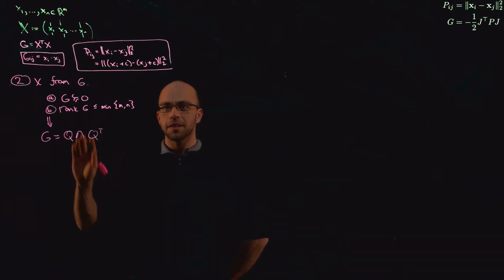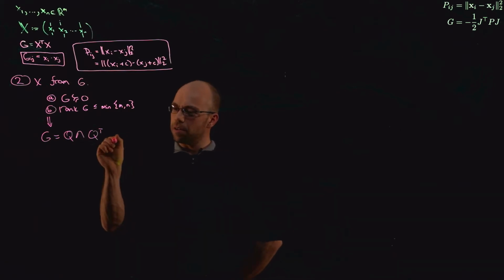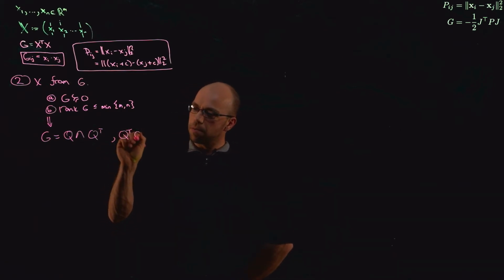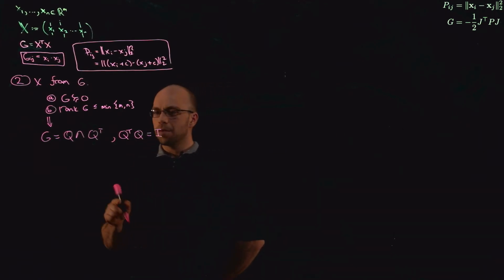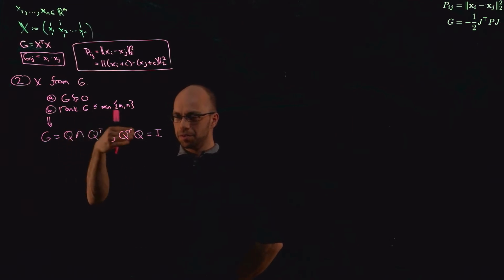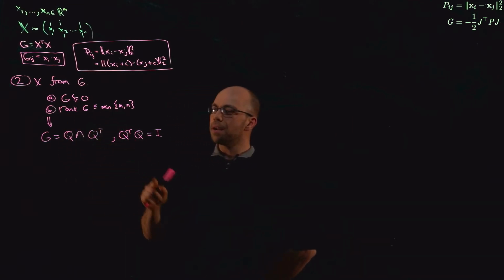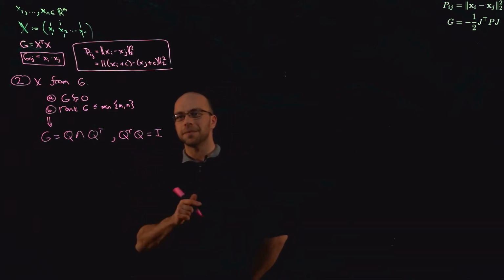What I can assume is that Q is a tall matrix, meaning that its columns are orthonormal. So Q transpose Q is equal to the identity, right? Because this is a smaller matrix, right? This is tall by short. But I may not make the additional assumption that Q times Q transpose is equal to the identity.